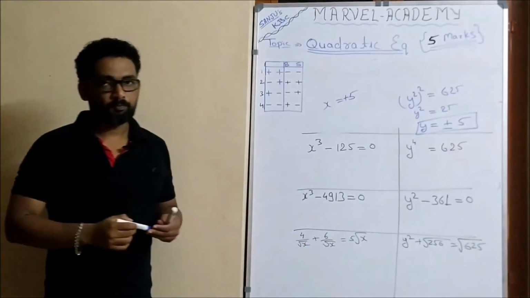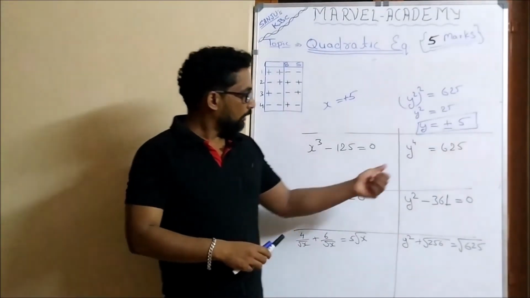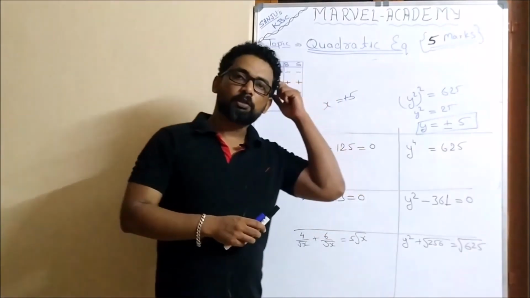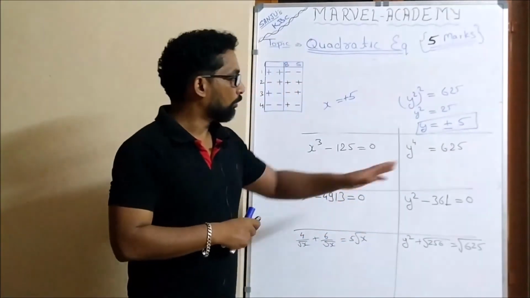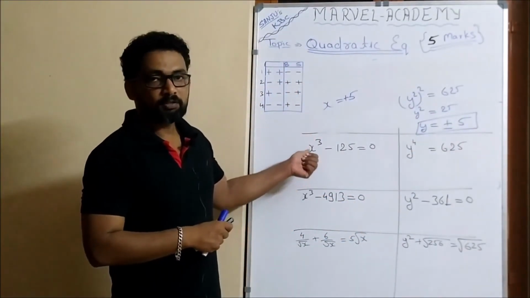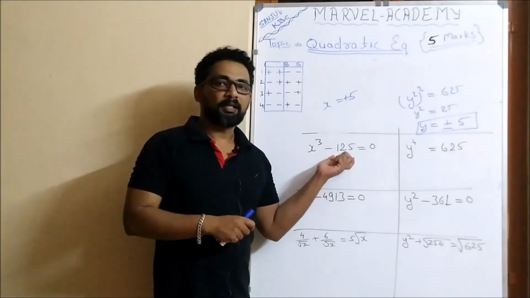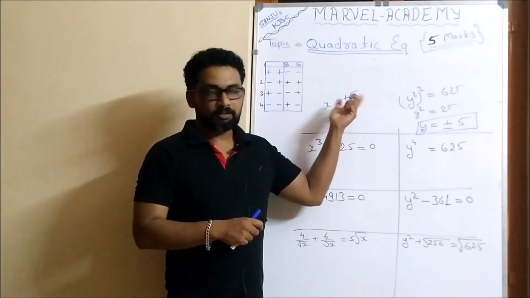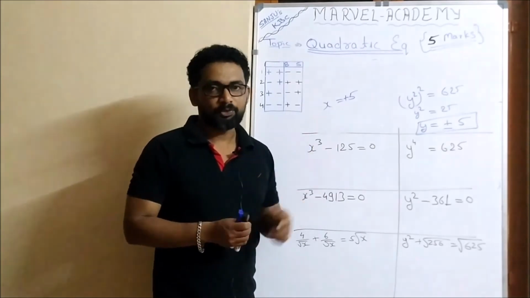Remember one thing, whenever you get an even number as your power, the result will always be both positive and negative. But whenever your power is an odd number, the result will depend on the value. If your value is positive, you will get a positive factor, and if your value is negative, you will get a negative factor.